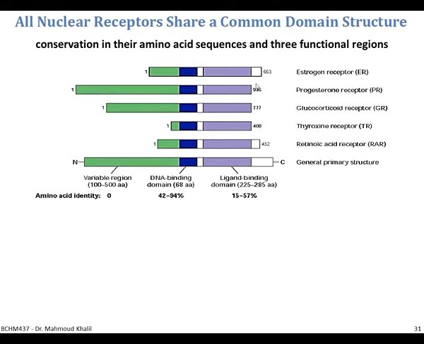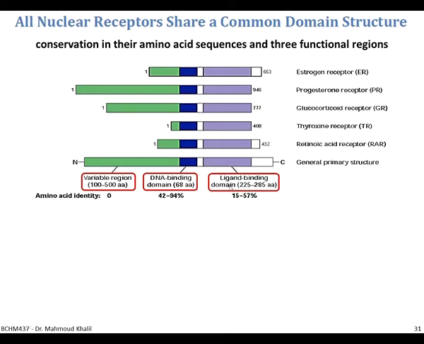Although they are different in sequence and the number of amino acids they form, all of them share majorly three functional regions. This is the general primary structure, to understand that most nuclear receptors have a conserved functional region. So you have a variable region, a DNA binding region, and a ligand binding region.